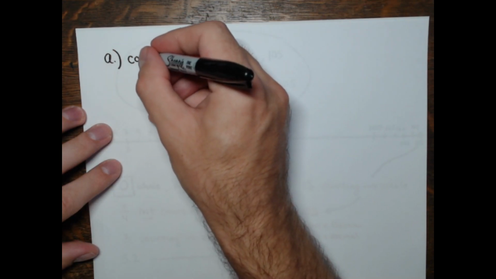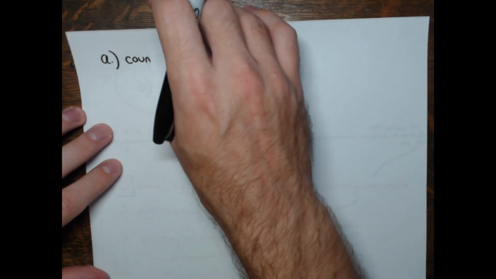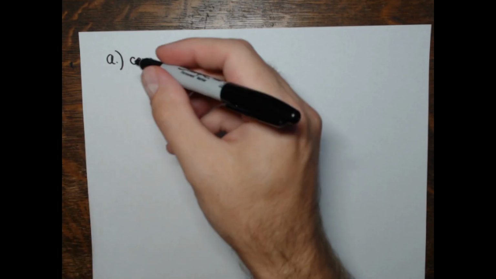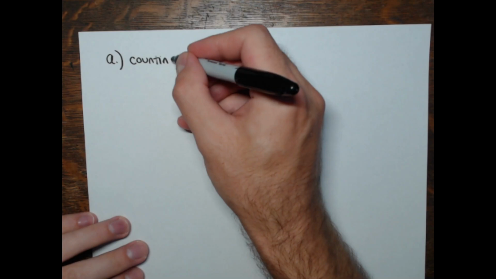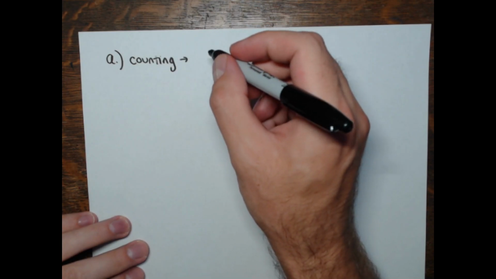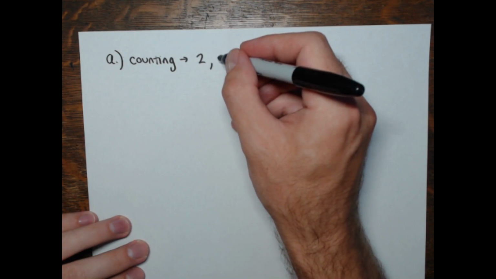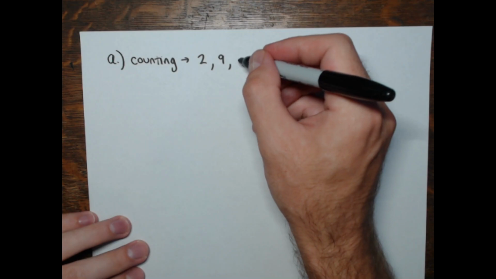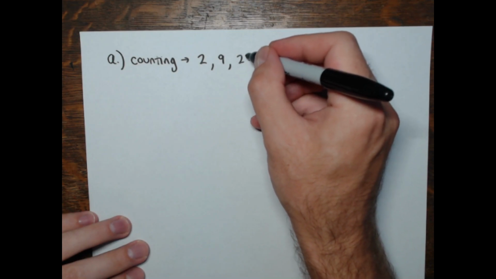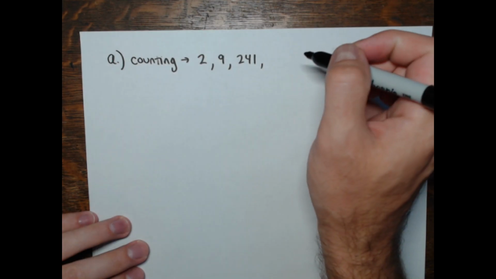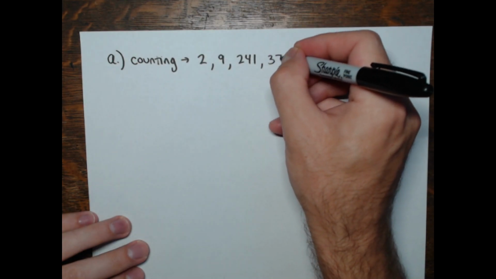Again, Part A, it's for the counting numbers. Looking through this list, you had the number 2, the number 9, the number 241, and 376.